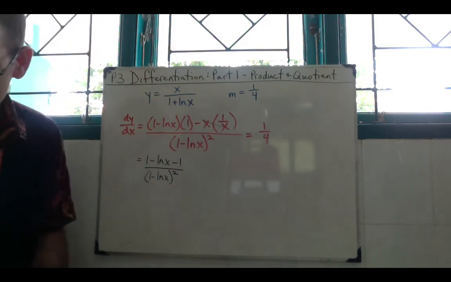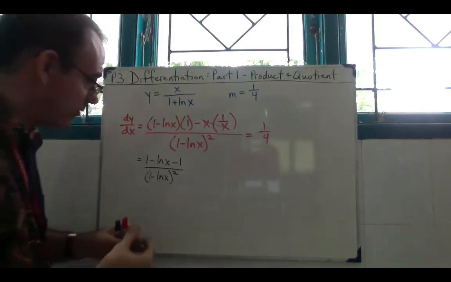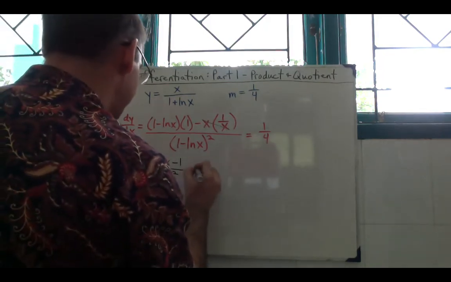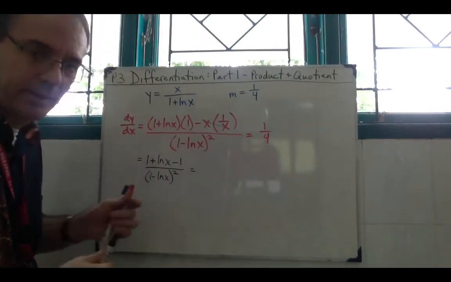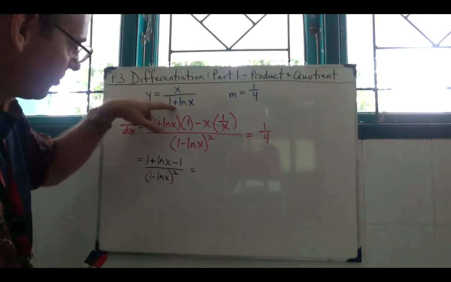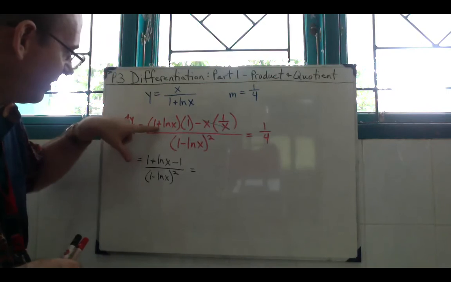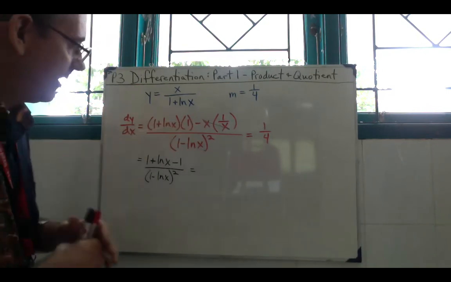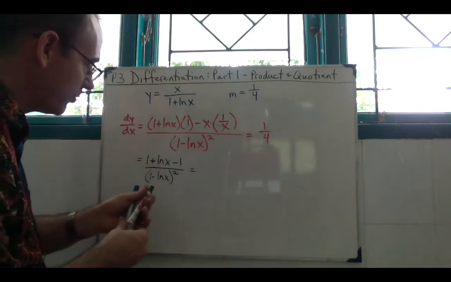And now we want to multiply that out. Because this was 1 plus ln x, I have to change this to plus here, and that. So I had to follow through, because I wrote it wrong.